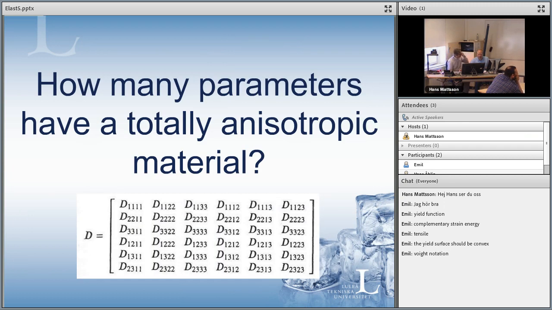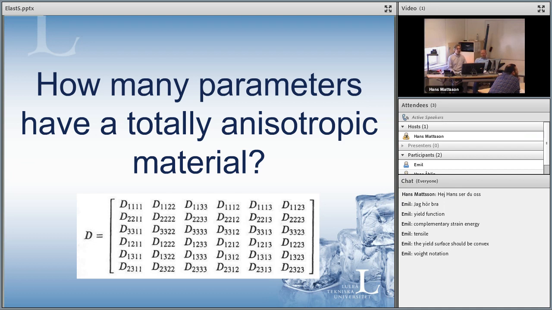Independent, yes. What would you say? Ask again. Independent. Do you mean that it's independent constants? We want the independent parameters.